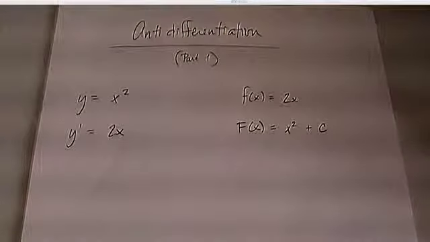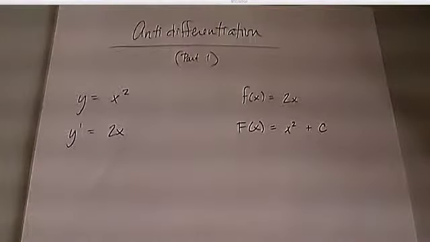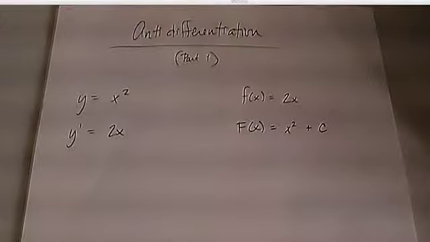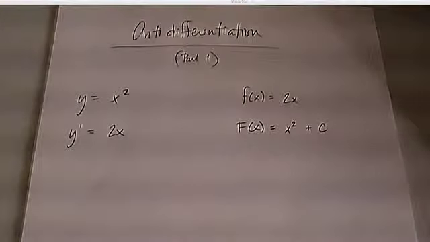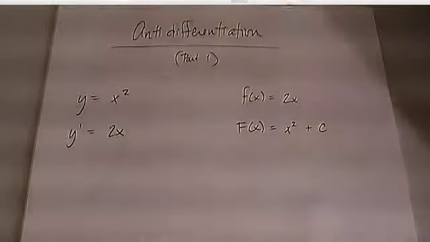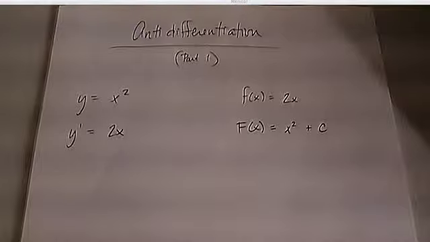So plus c winds up being x squared plus whatever constant is appropriate for the scenario that I'm actually dealing with. When we're talking about antidifferentiation, you have to be careful about the plus c when you need it, and you have to remember how to run in the other direction.